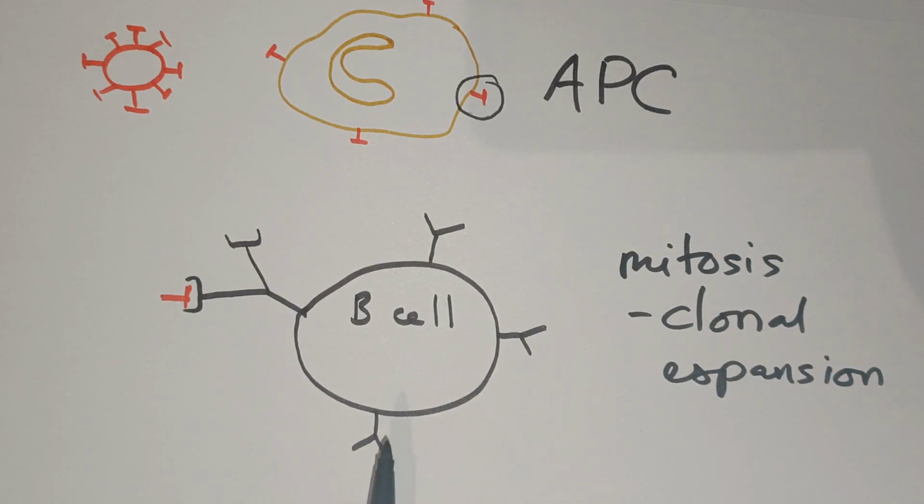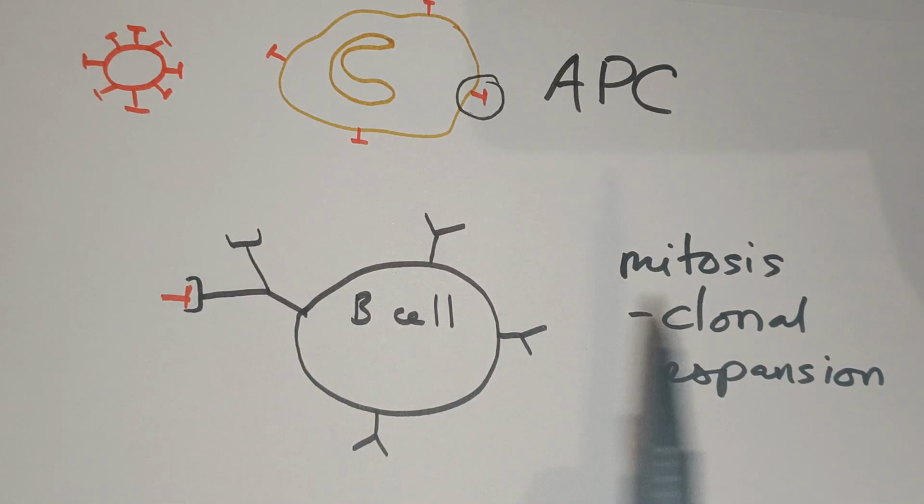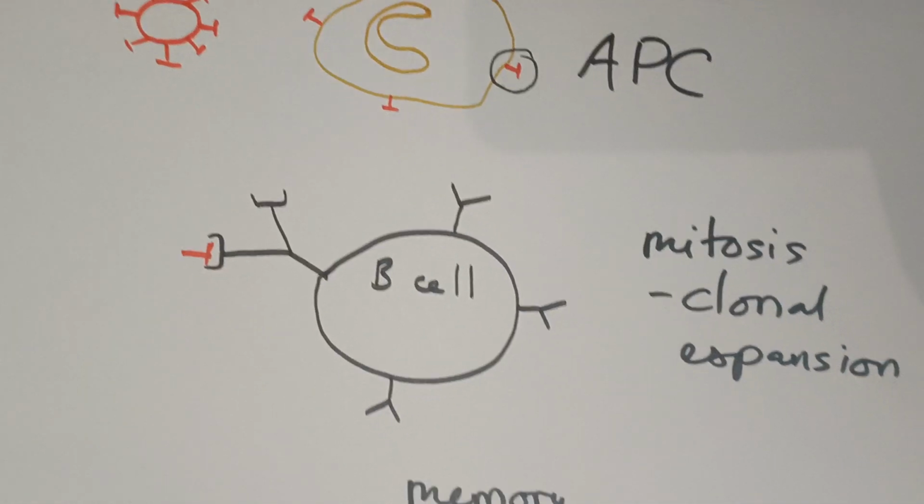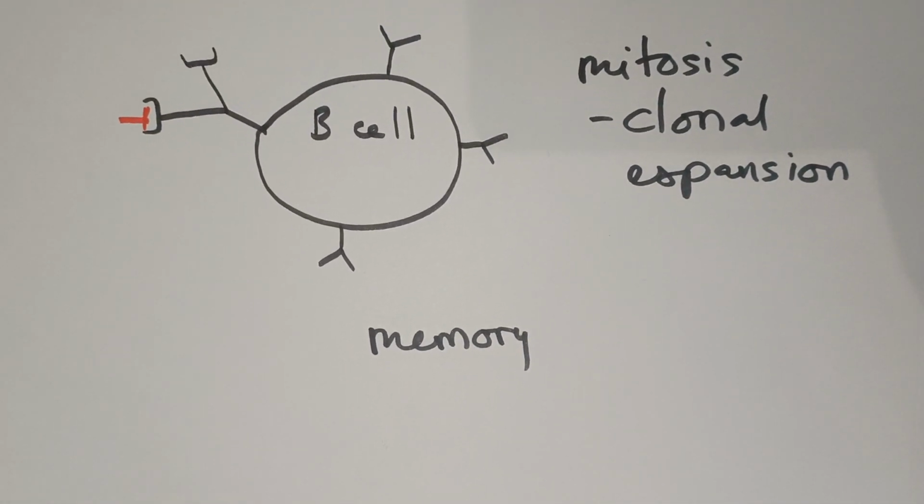So our activated B cell, which has been activated by antigen recognition, goes through clonal expansion by mitosis. Some of those cells will be our memory cells, and they will stay in the body for a long time and will allow our body to recognise what is going on later on.